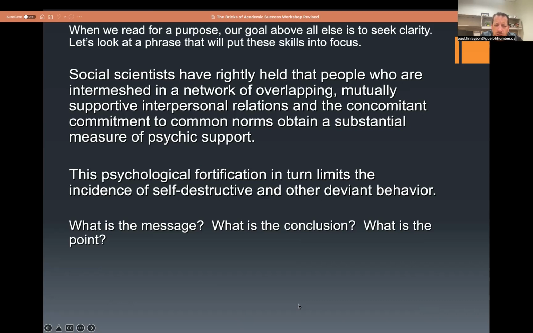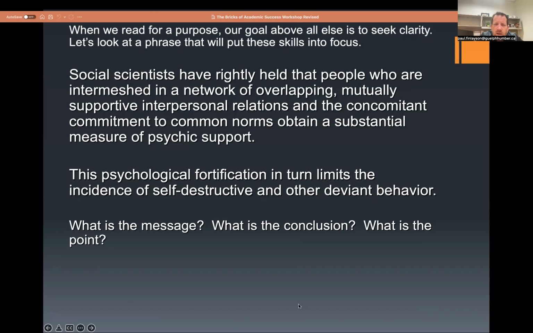So what's the message here? What's the conclusion? What's the point? Again, this is an example, okay? This is not teaching you anything about psychic support. It's a writing example of breaking down difficult text. This is difficult text. It's very poorly written, to be honest, but let's go over it.